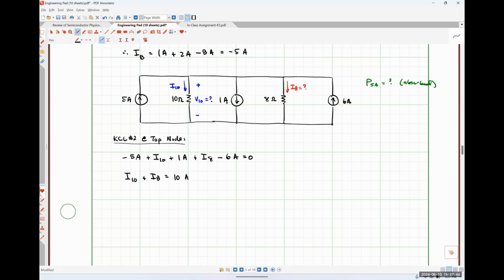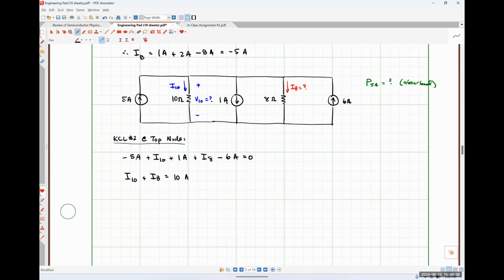So once again, we're in a situation where we have 2 unknown quantities, but a single equation. So in this case, we're going to relate everything to that voltage V10, okay? Now, what did we learn at the end of our discussion on Kirchhoff's voltage law?